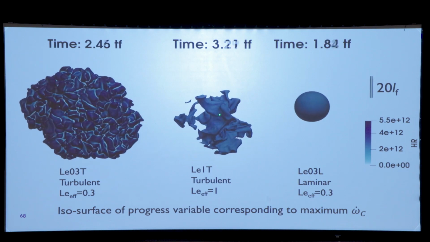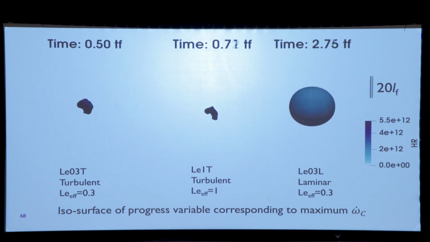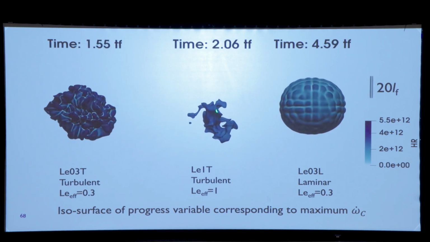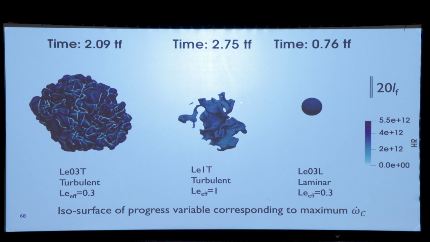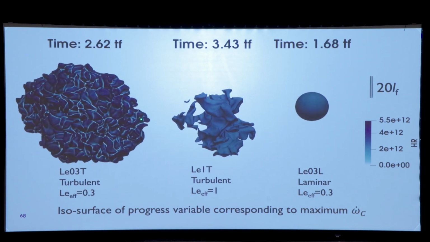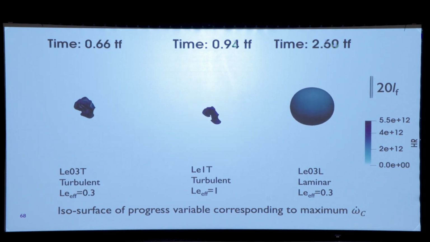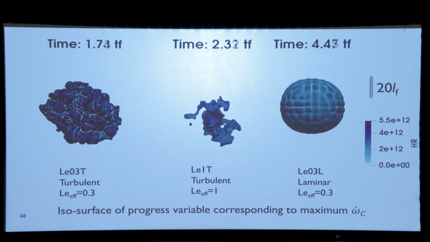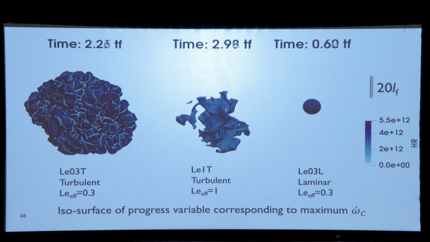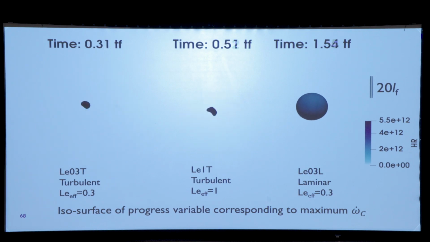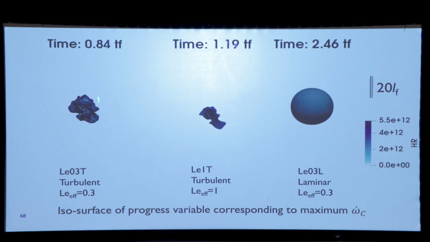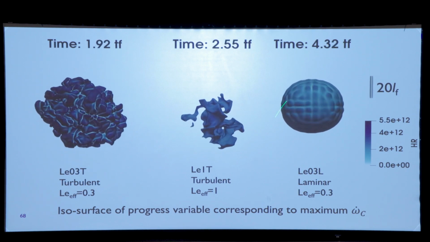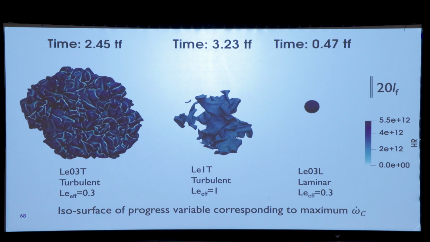You see in the beginning, the turbulence squeezes this kernel so that it really has a lot of high positive curvature, but high positive curvature burns much faster for hydrogen than negative curvature, so that's actually very good. Also you see the transition to a fully unstable flame happens much, much earlier than for this case where we have no turbulence.